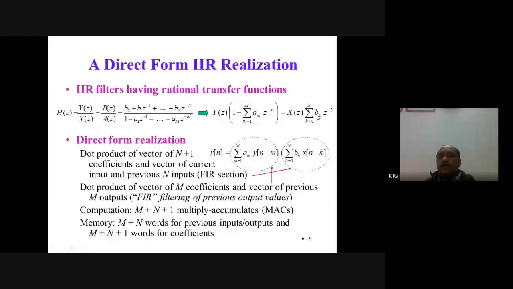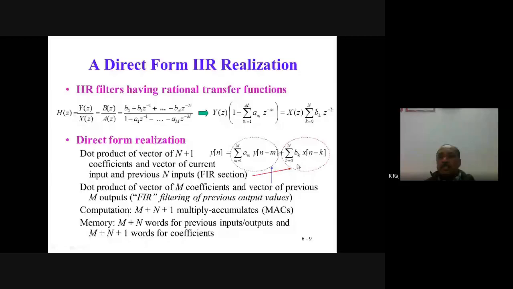Now the direct form realization is the dot product of the vector of the N plus 1 coefficients and the vector of the current input and previous N inputs, the FIR section here.